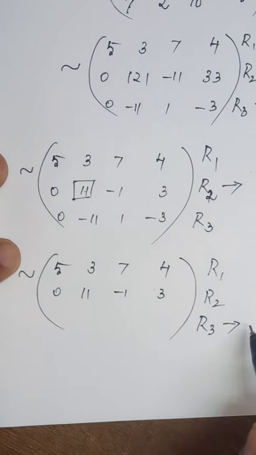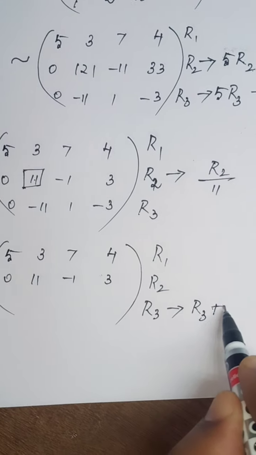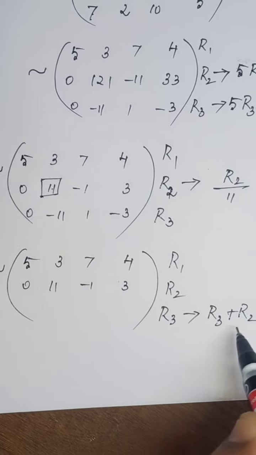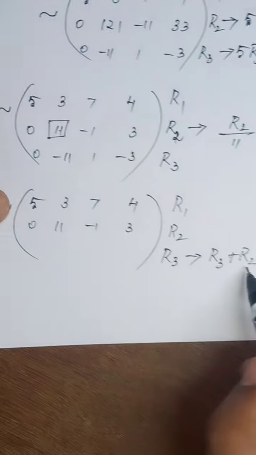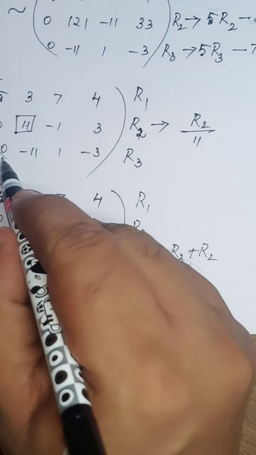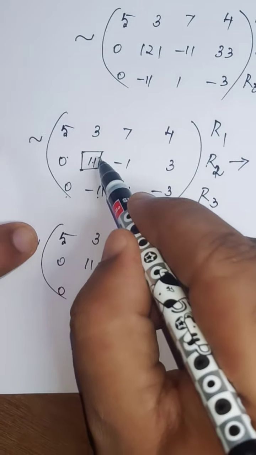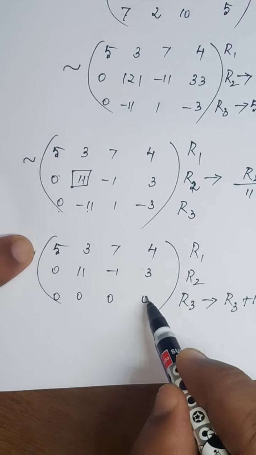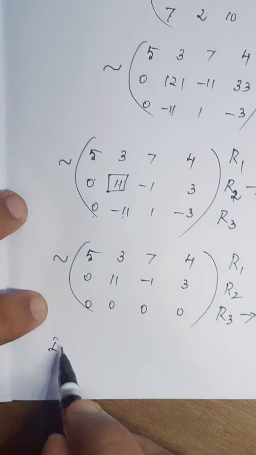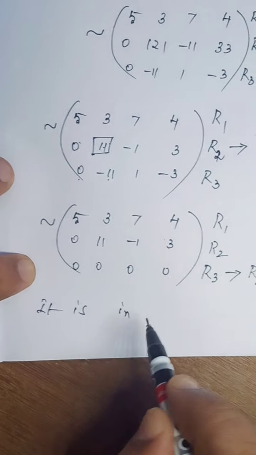So R3 implies R3 plus R2. Without changing the sign you have to put the plus symbol. R3 plus R2, you can directly add: 0 plus 0, 0, minus 11 plus 11, 0, 1 minus 1, 0, minus 3 plus 3, 0. Now it is in echelon form.